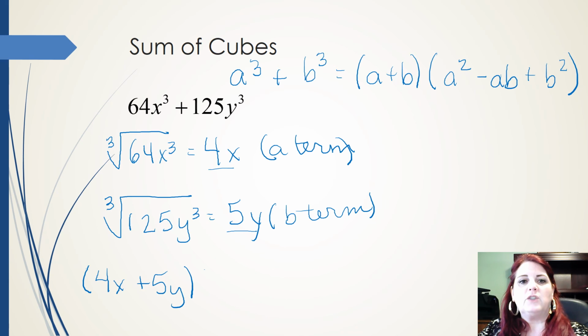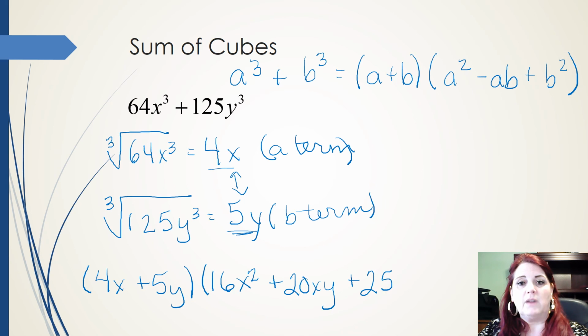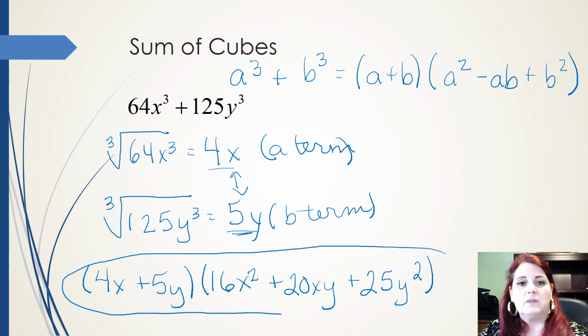Then we take that a term and we square it, so 4x, when we square that, is 16x squared. And then we're going to multiply these two together. 4x times 5y is 20xy. And then our b term squared, so 5y, when we square that, gives us 25y squared. And this is our factored form of the sum of cubes.